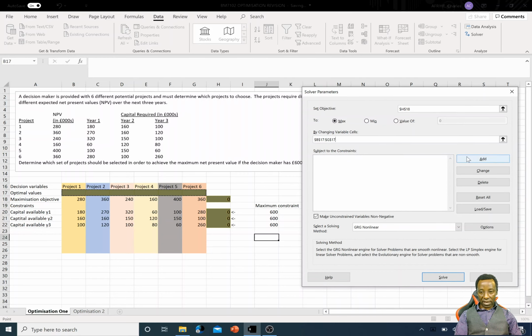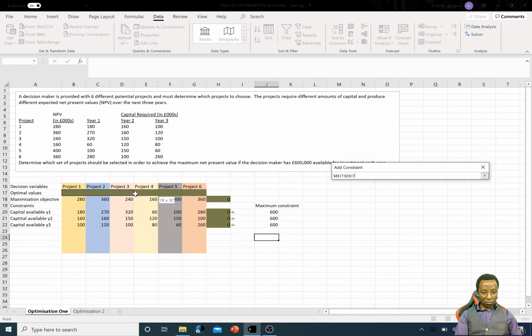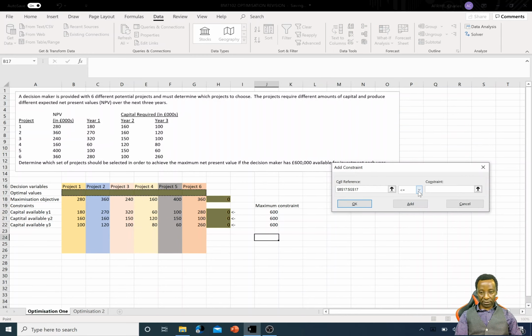Next, we pick our optimal values blank row, that one. And then we have to add that same row as a binary constraint. Why? Because we want Excel to tell us whether we should go ahead with that project or not.